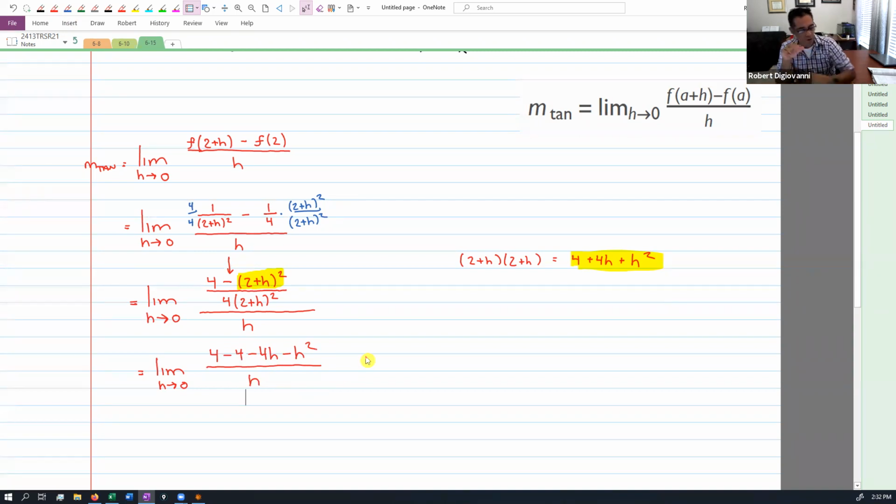And those 4s go away. And do you see that everything left now has an h in it? All the terms have h. So we should be able to factor an h out. Wait, hold on. I'm missing my denominator. Oops, sorry.